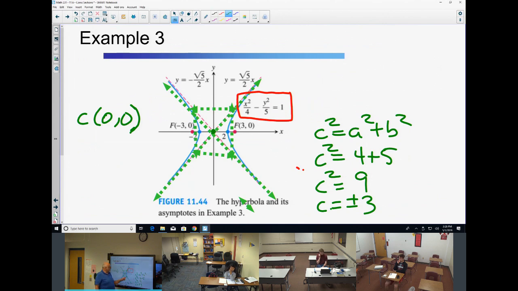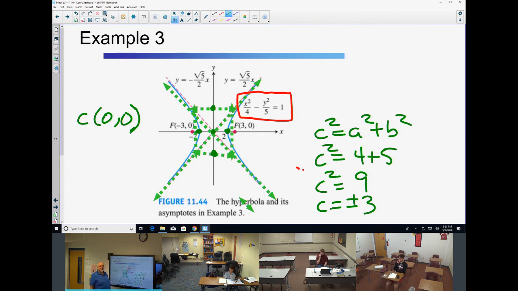Then in the x direction, you go over the square root of 4, which is 2. So 1, 2, you get this point. In the y direction, you go over the square root of 5, so a little bit more than 2. So you go up here and you get this, and you go down here and get this.